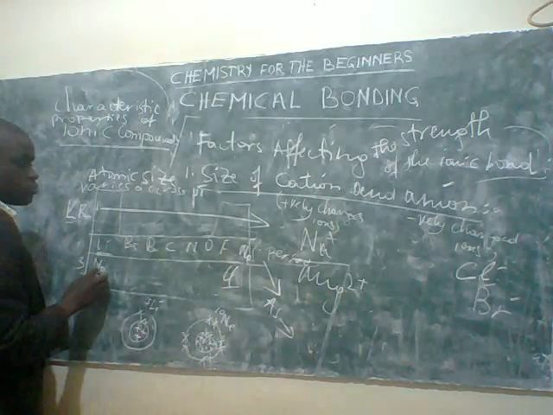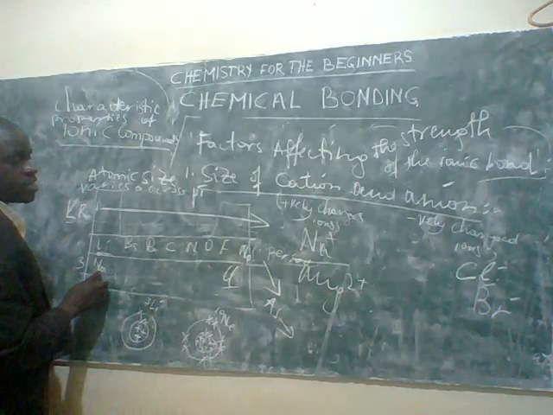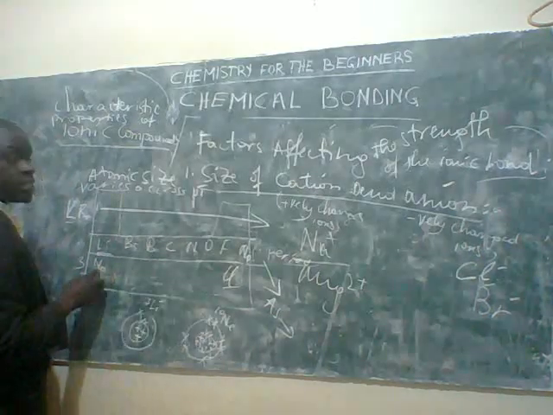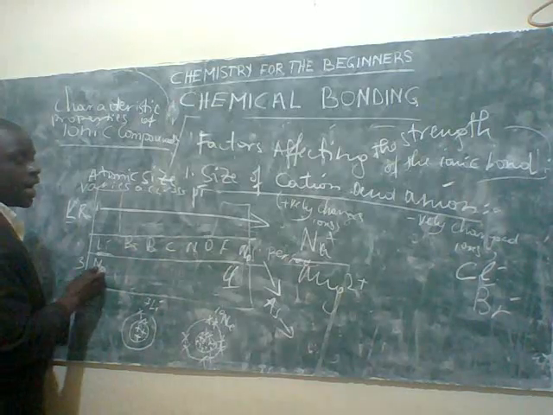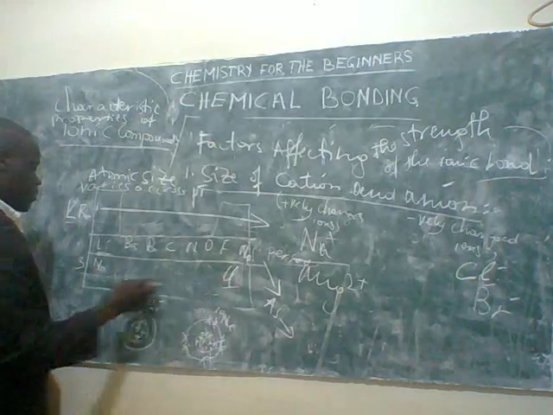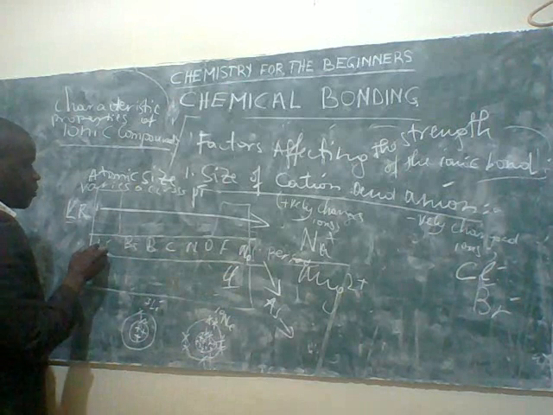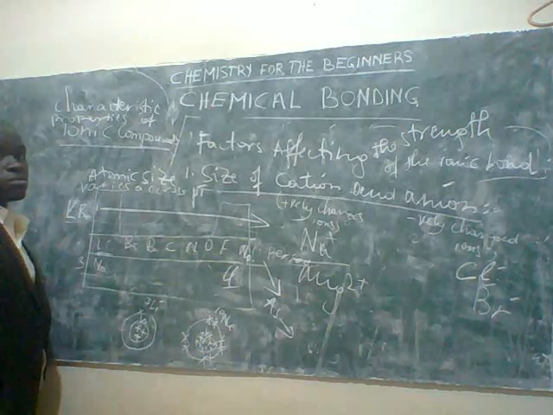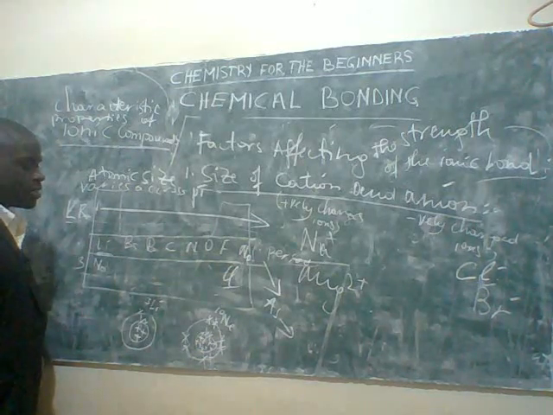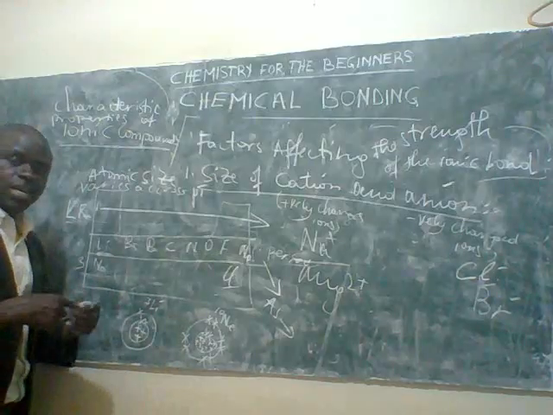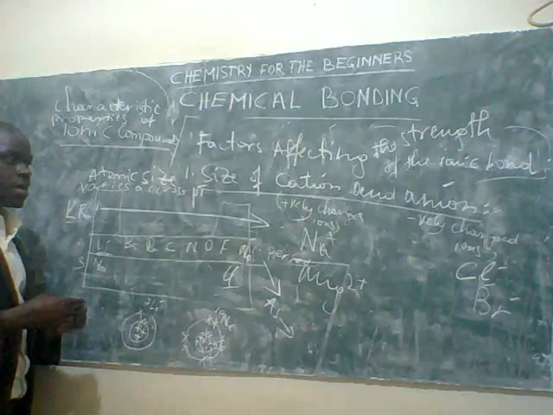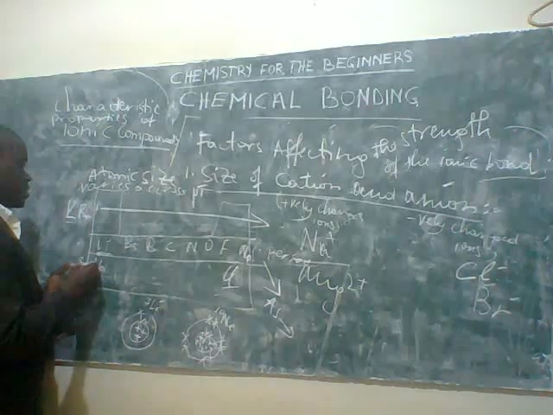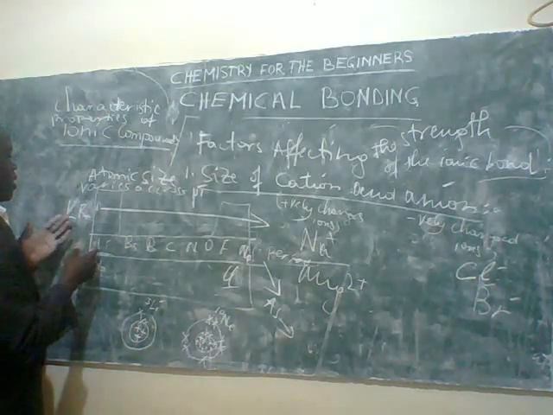But if you are comparing the atomic size of sodium and chlorine, you will see that sodium will be bigger than this because they are in the same period. But when you are comparing this to this, if they are not in the same period, you have to do some research. But it will always depend.